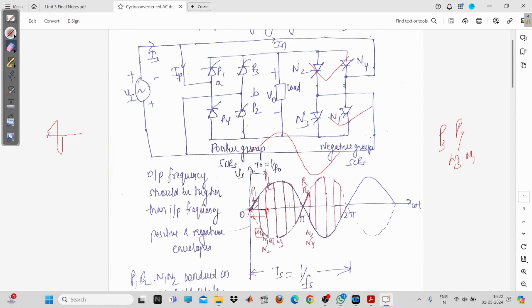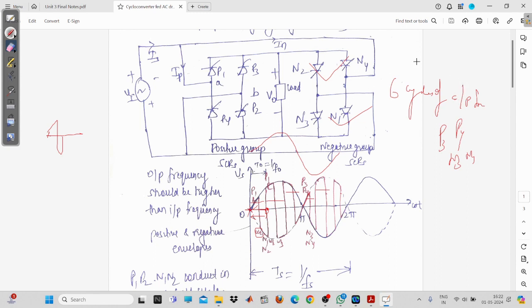So you can see here, for one cycle, how many output cycles are you getting? From this to this point, that is one. Then this is two, this one is 3, this one is 4, this one is 5, this one is 6. So we can say that 6 cycles of output frequency have been obtained for one cycle of the supply voltage.